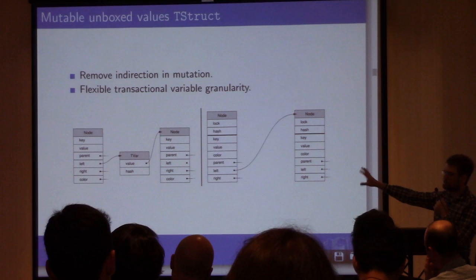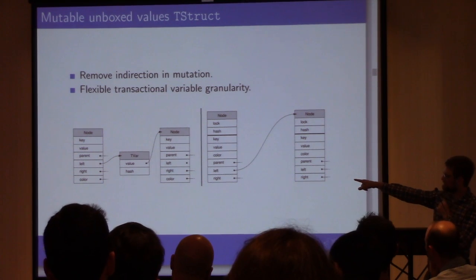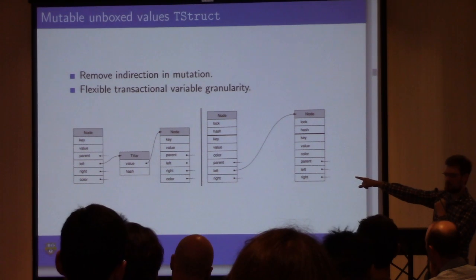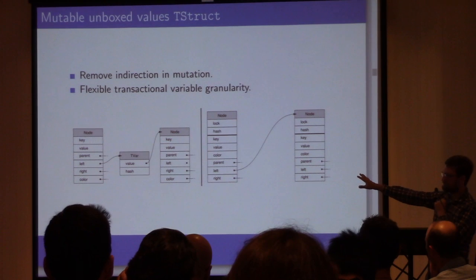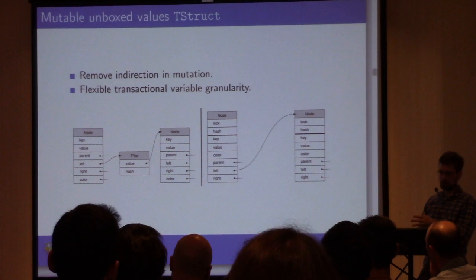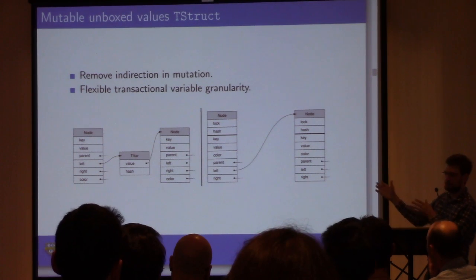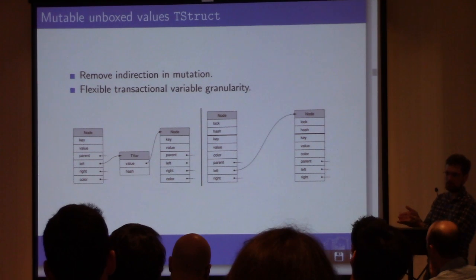This extra level of indirection is going to be really costly because potentially each TVAR is going to cost us an extra cache line. And so per node, that doubles the memory footprint in terms of cache lines. And in a sense, that halves your performance for your hardware transactions.